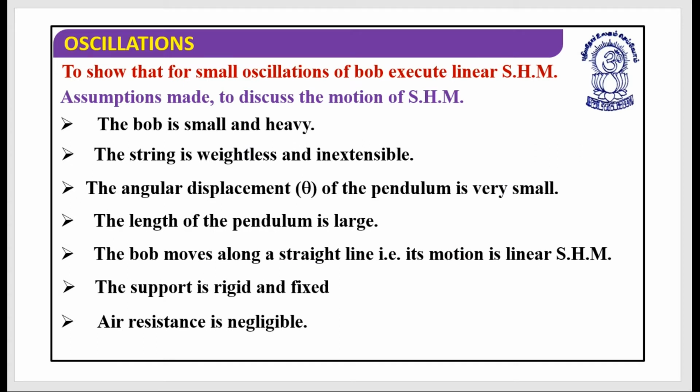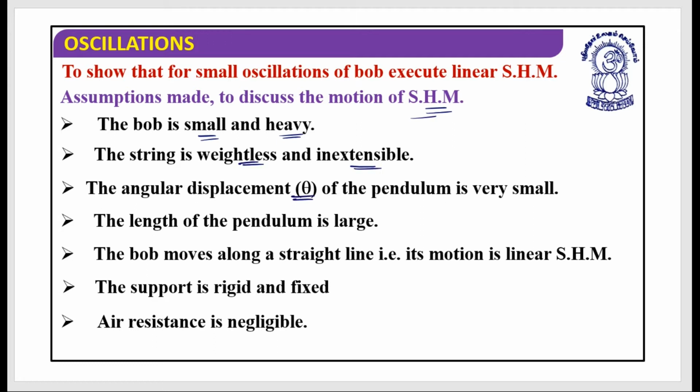To show that for small oscillations the bob executes a linear simple harmonic motion, we have made certain assumptions to discuss the motion as SHM. Let's look at all the assumptions. First, the bob should be small, but heavy. The string is weightless and inextensible.